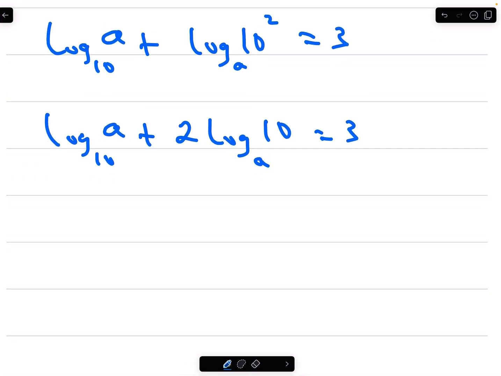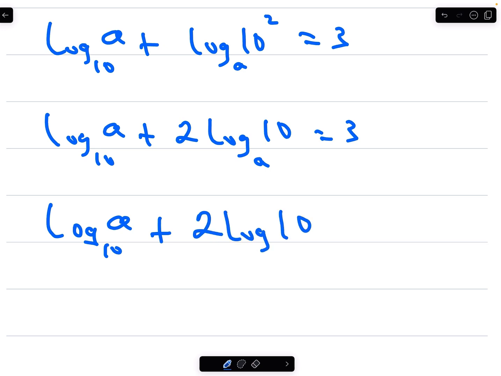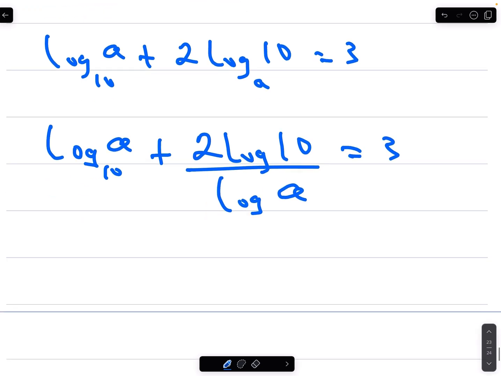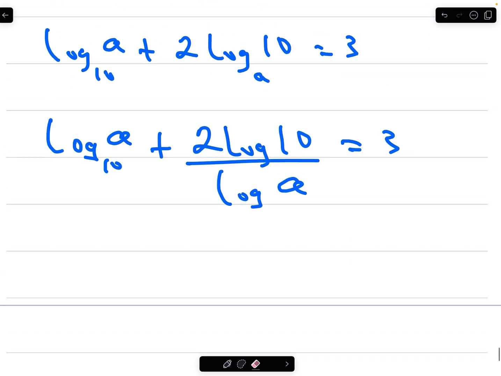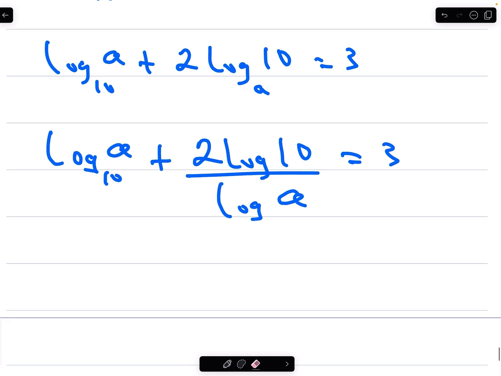This simply means log a base 10 plus 2 log 10 over log a equals 3. We remember that log a base b is the same as log a over log b. You must remember all the laws. That will make it easy for you to solve logarithmic equations.